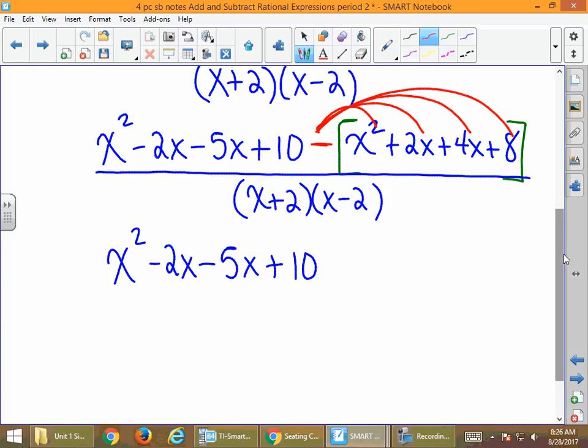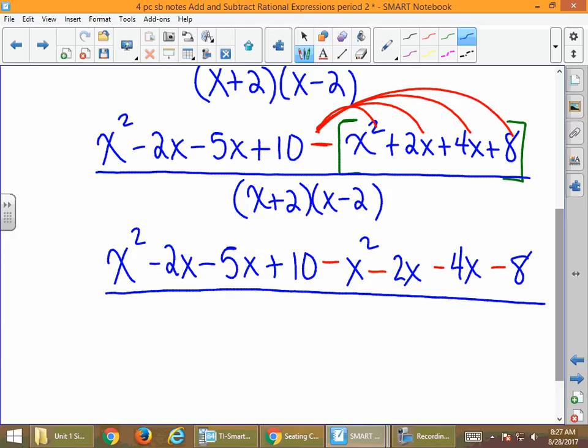So now we're going to get negative x squared, negative 2x, negative or minus 4x, negative 8 or minus 8, all over our common denominator of x plus 2 times x minus 2.